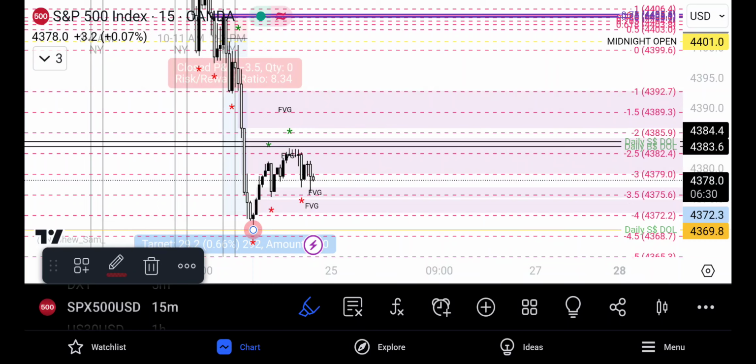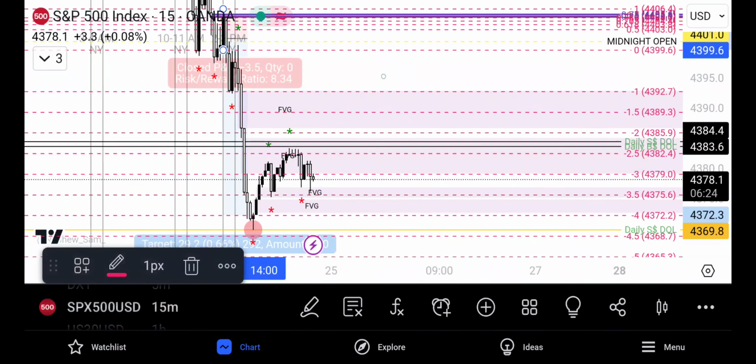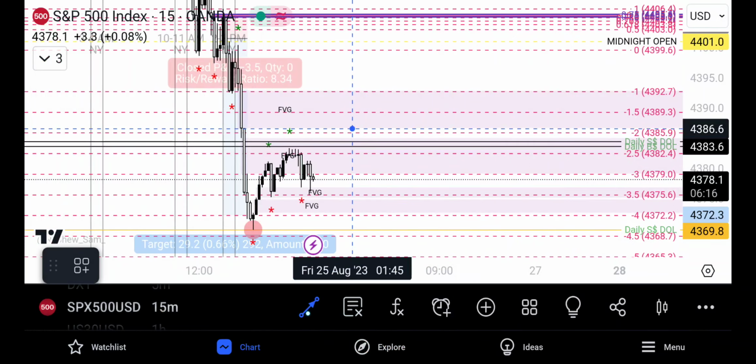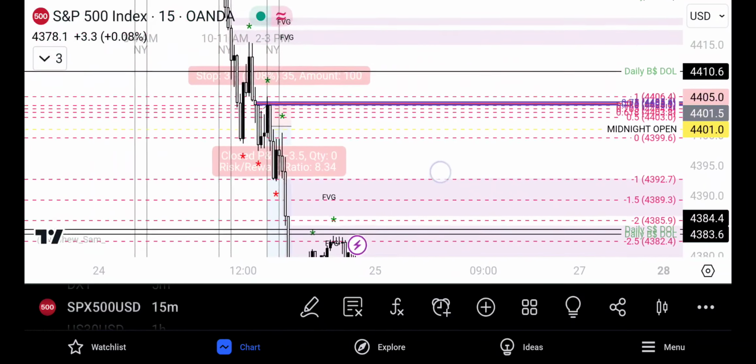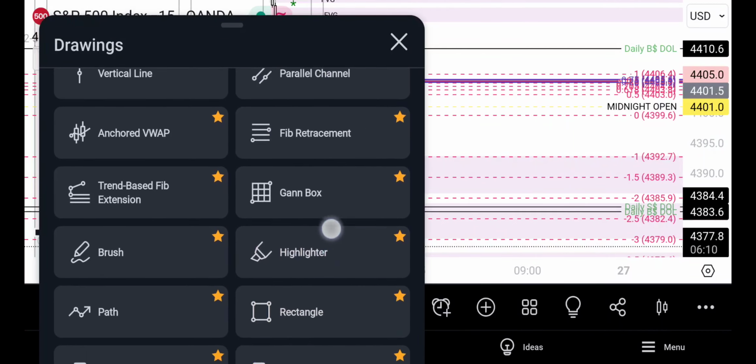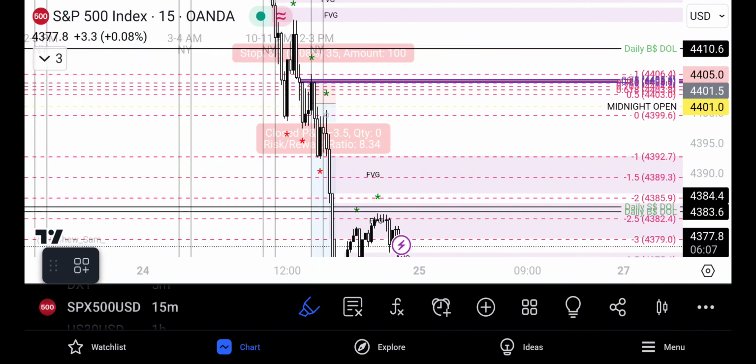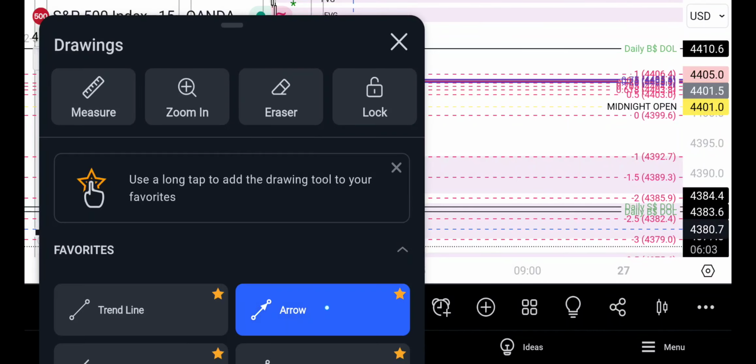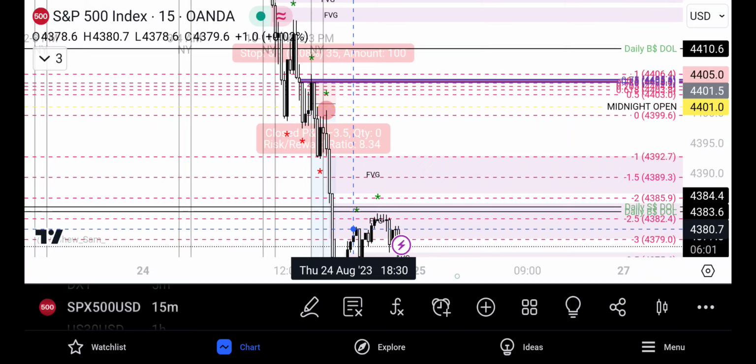It would have to be the high that put in that low. So I'm trying to get to it, guys. All right. So it would be this high right here. That is the high that put in the low.